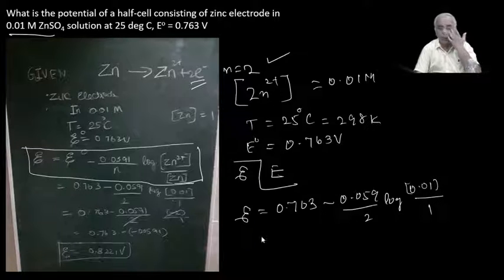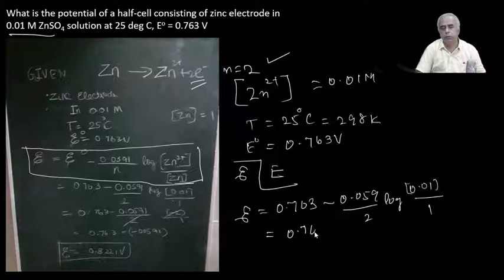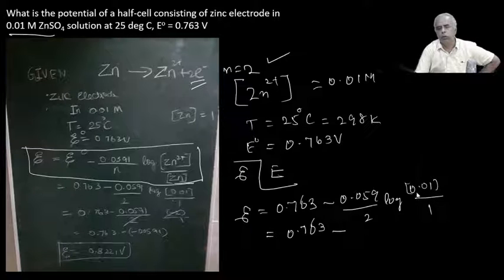So in that case, E is equal to 0.763 minus 0.059 divided by 2, and you take this log 0.01 value. So what is the log 0.01 value? It can be represented as 2 bar. Actually, this is 2 bar. So you can mention this as 2 bar.